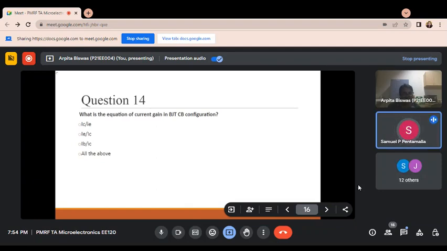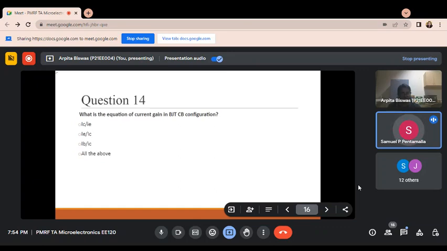Yes, madam. In common base configuration, the base terminal is common to the input junction and output junction, so the base terminal is grounded. The input current is emitter current, and the output current will be collector current.